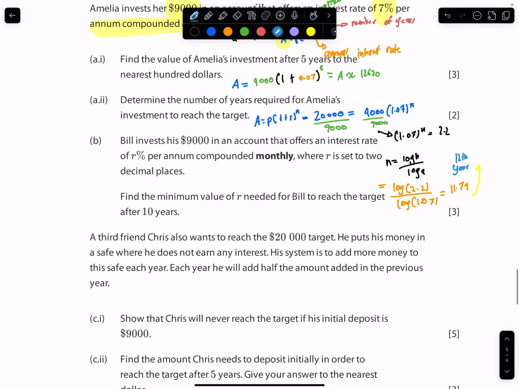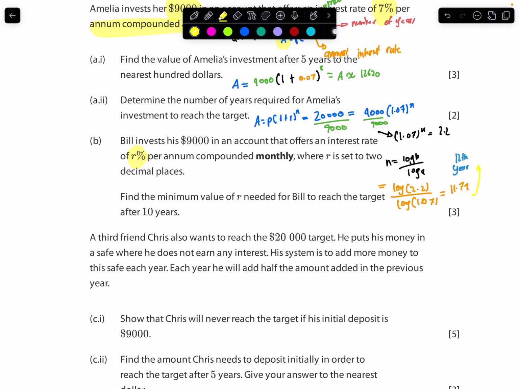Now in part B, Bill invests his $9,000 in an account that offers an interest rate of R% per annum compounded monthly, where R is set to 2 decimal places. Find the minimum value of R needed for Bill to reach the target after 10 years.